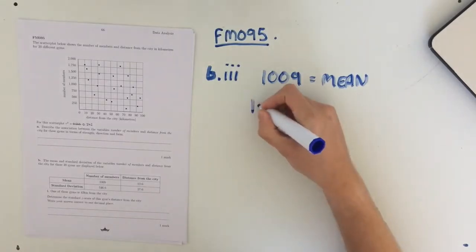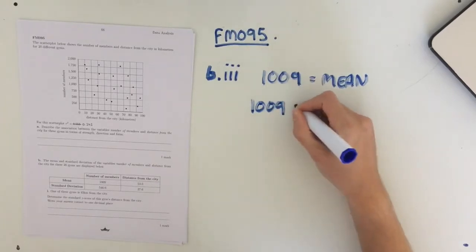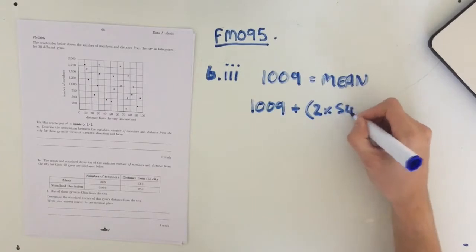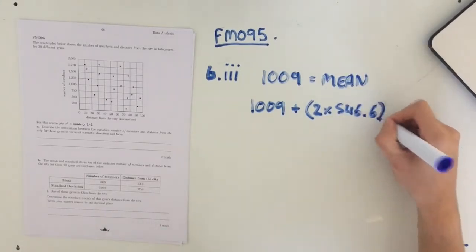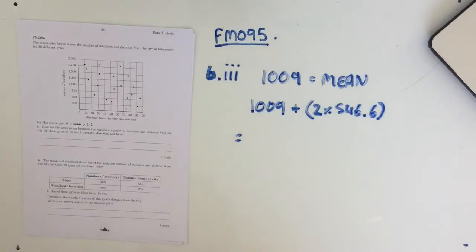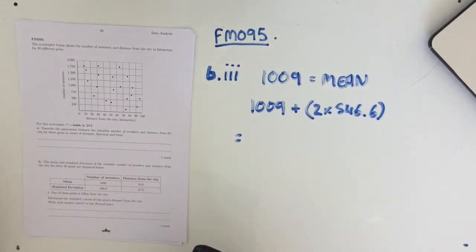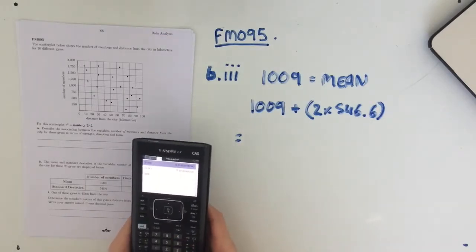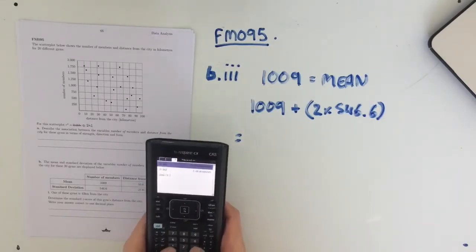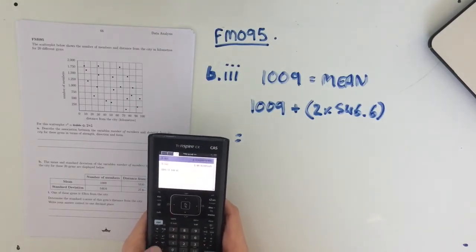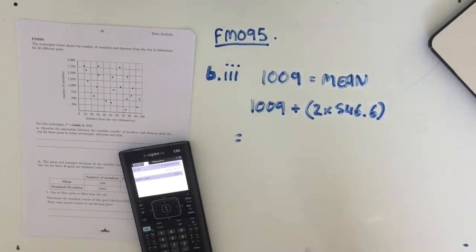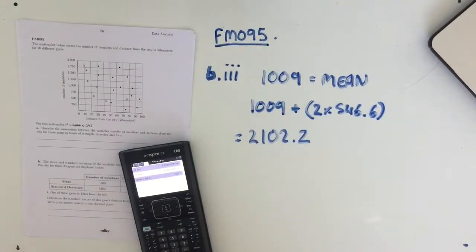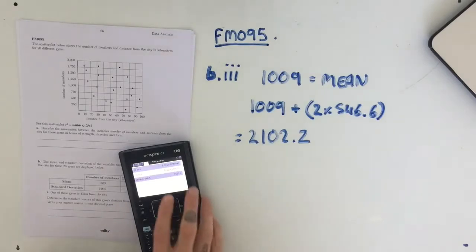So we go 1009 plus 2 times 546.6. This will give us the value that is 2 standard deviations above the mean. Using a calculator, it comes out at 2102.2.